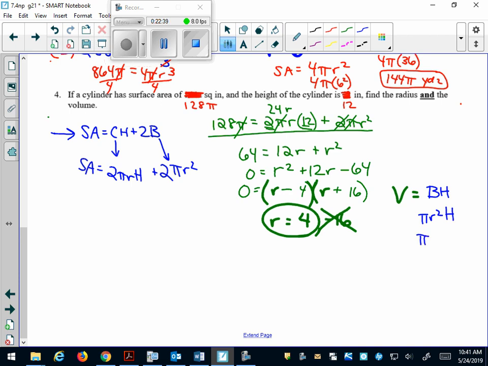So this is pi times, we learned that the radius is 4, so 4 squared. Height, they told us before, is 12, so that's 12. So we got 16 times 12 times pi, which is, anybody have that for me? 192 pi. Good. And that is volume, so it's cubic inches.